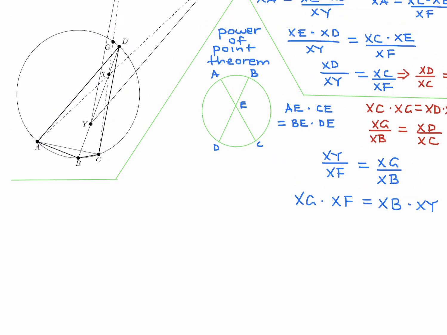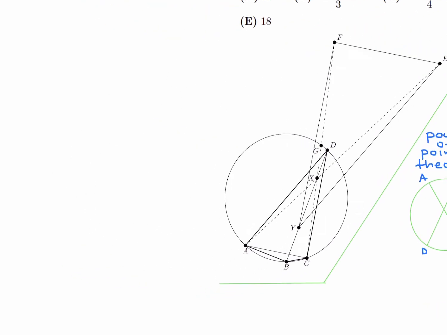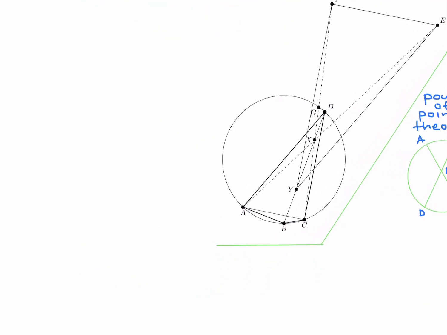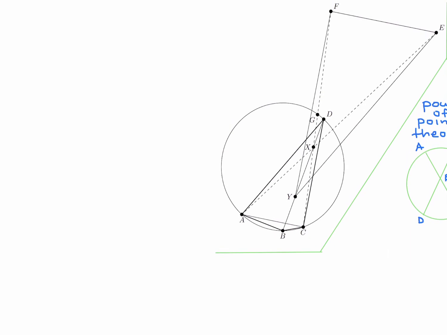Now, I want to keep this diagram in the photo, so I will. Let's bring that finding over here, that XF times XG was equal to XB times XY.